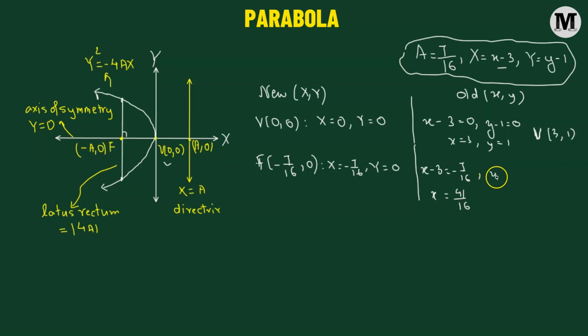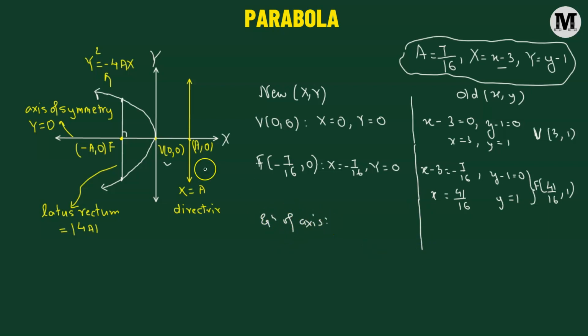Next, we have Y equals 0. In place of Y, we replace y minus 1 equals 0, so we get y equals 1. This means that the coordinates of the focus will be (41 over 16, 1) in the old coordinate system.